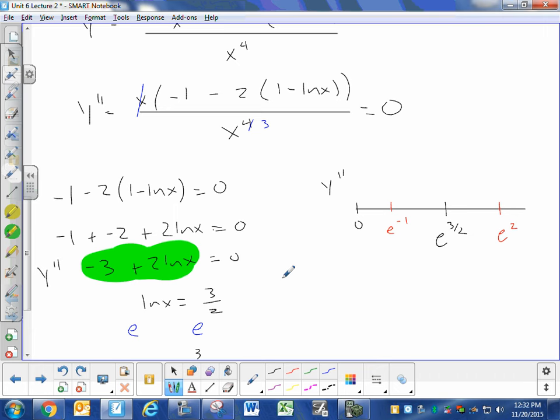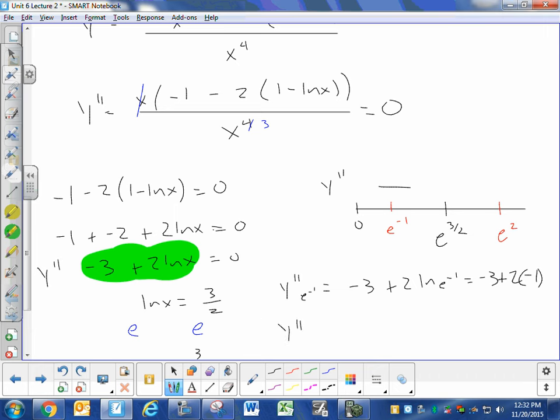When I plug in e to the negative first, I get negative 3 plus 2 times the log of e to the negative first. That's negative 3 plus 2 times negative 1. So that's negative 3 plus negative 2, that's negative 5, that is negative.